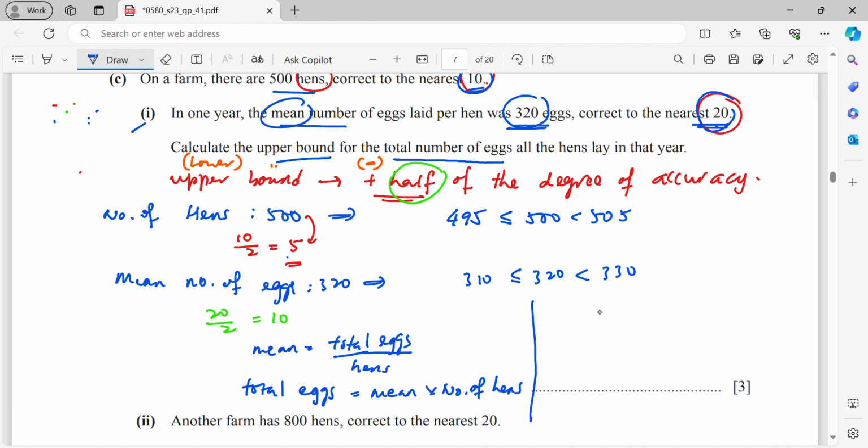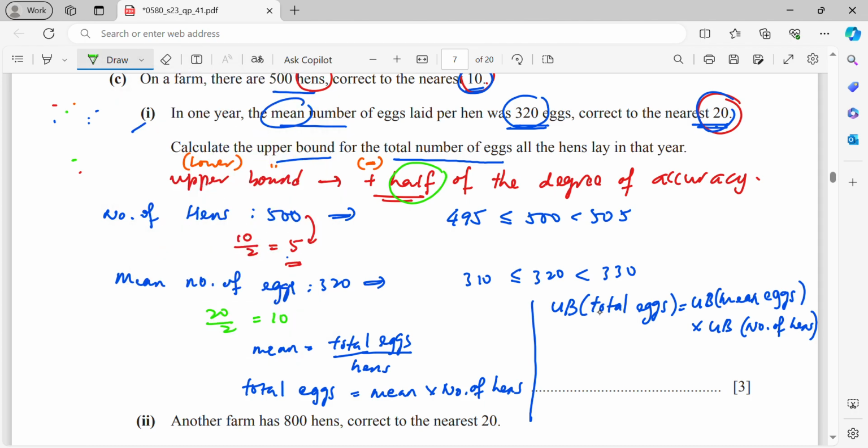When it is times, your upper bound of total eggs will be upper bound of mean eggs times upper bound of number of hens. We just take the upper bound for both of them.